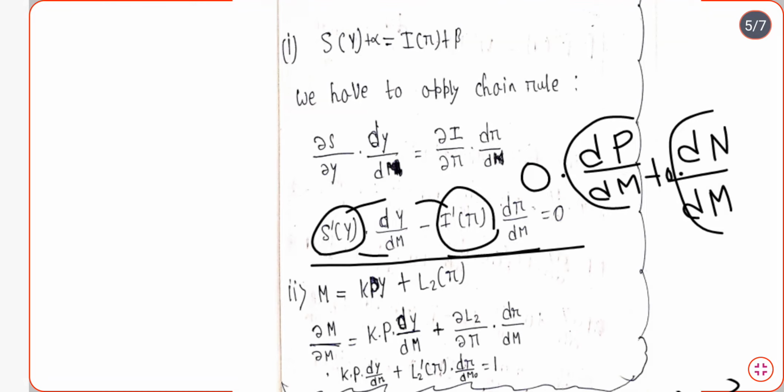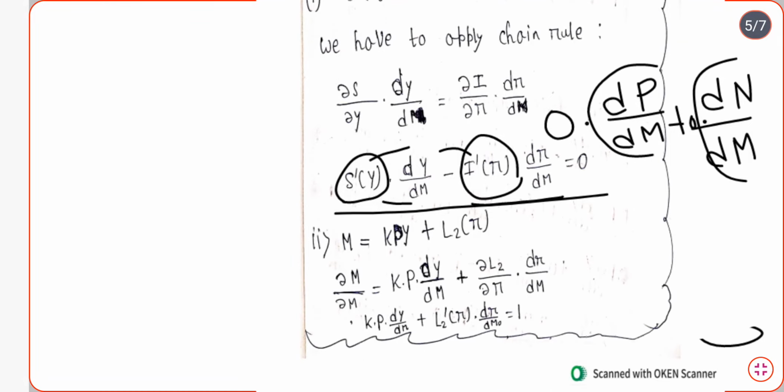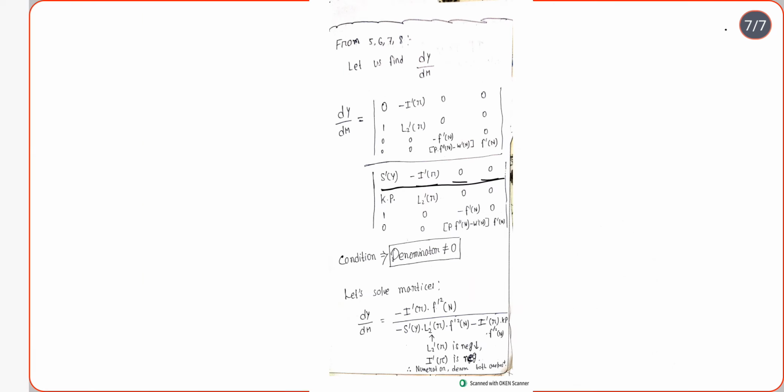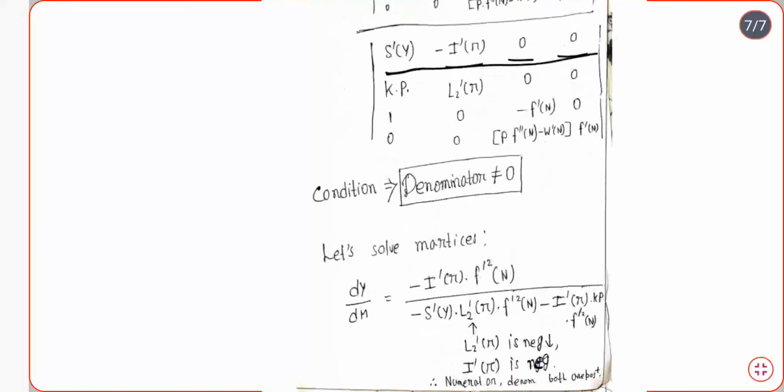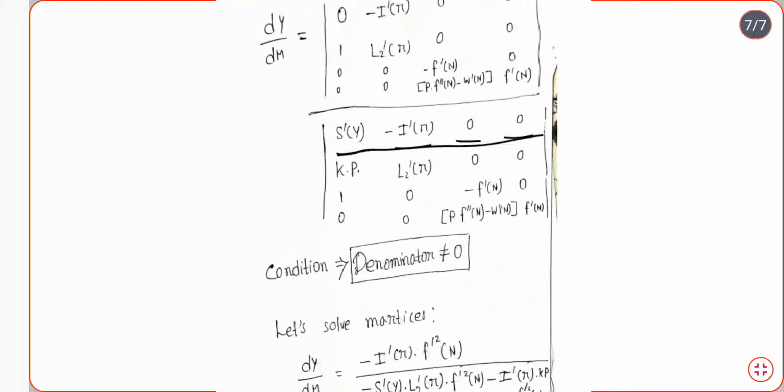In the next equation, dy/dm has the coefficient kp and dr/dm has the coefficient L2 dash r. Just put it here. The other two, dn/dm and dp/dm, are not in the equation, so it is 0, 0.